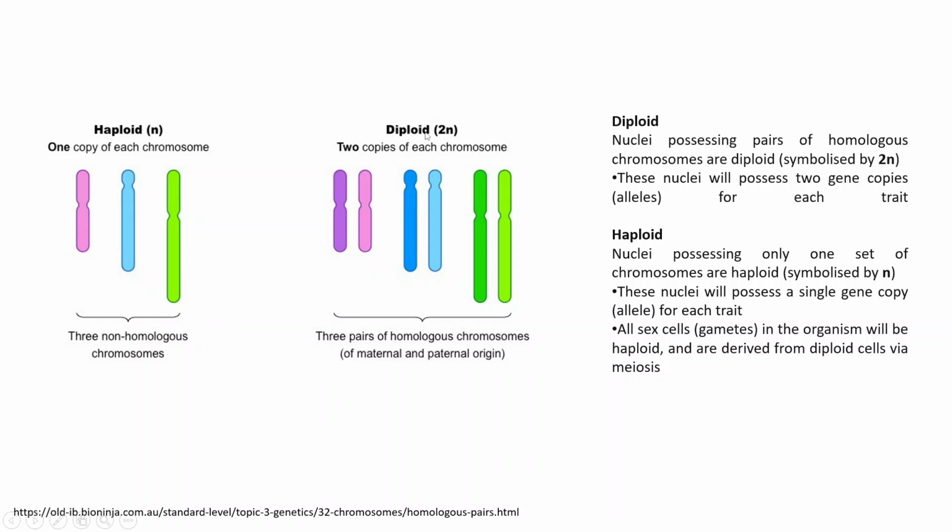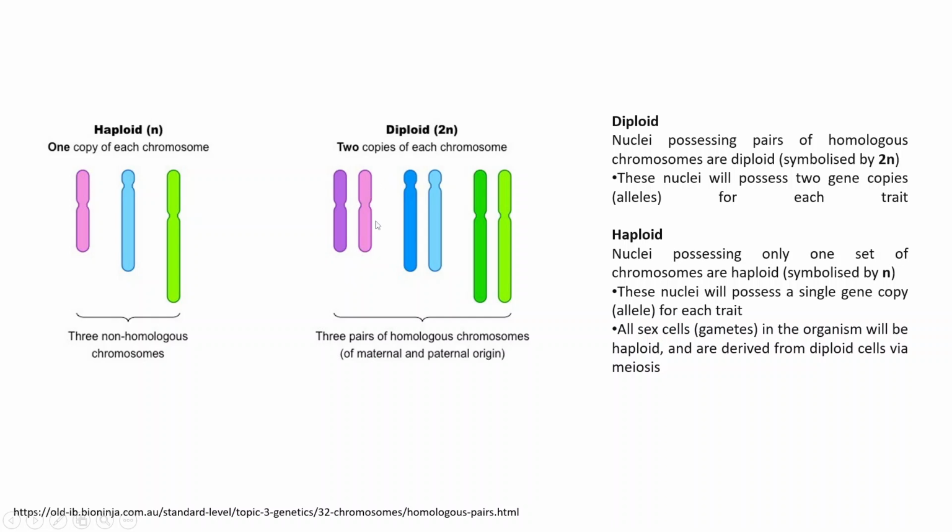Diploid condition, or 2n, which is what most of our somatic cells are, means you have 2 copies of each chromosome. In this case the purple and the pink, one is of maternal origin and one is of paternal origin. Why are they called homologous? Essentially the genes are the same and the positioning of the genes are the same across these 2 chromosomes.